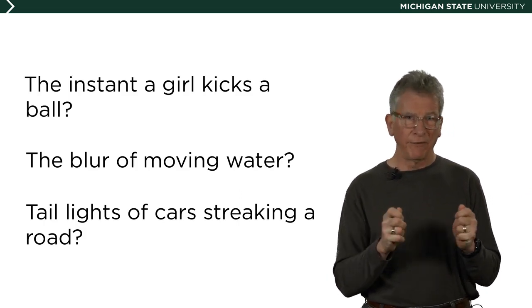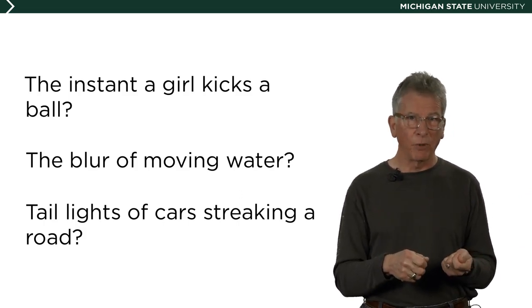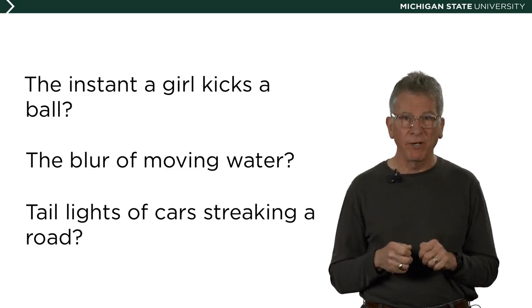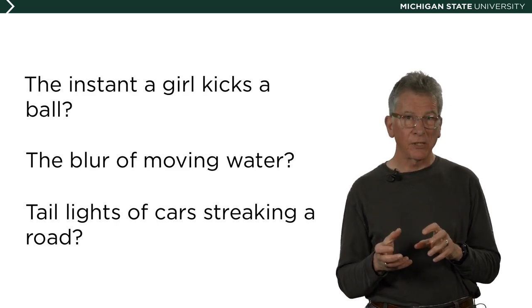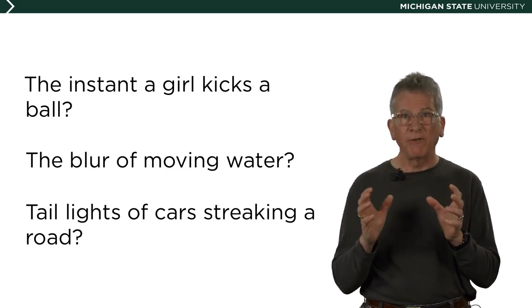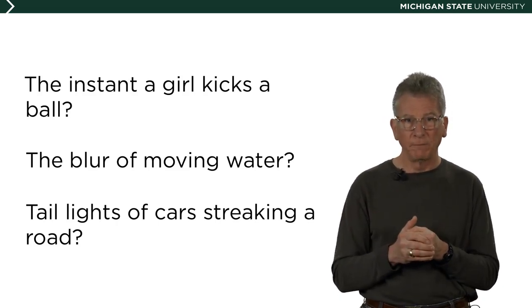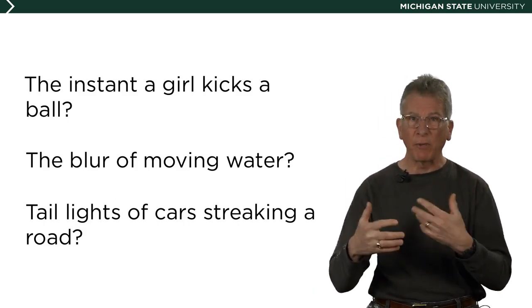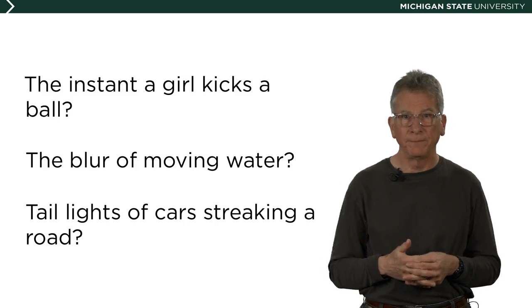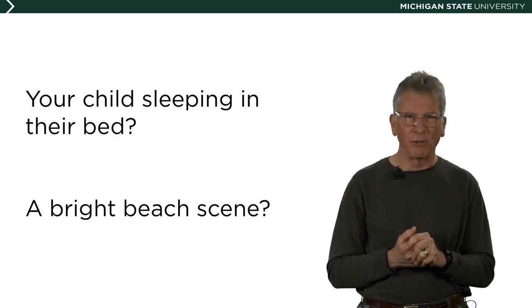Well, in the first instance, with the girl kicking the ball, you'll need a camera that has a very fast shutter speed. In the second instance, blurry water, you'll need a very slow shutter speed. Same thing if you want to photograph the taillights of cars as they streak by you on the road at night.